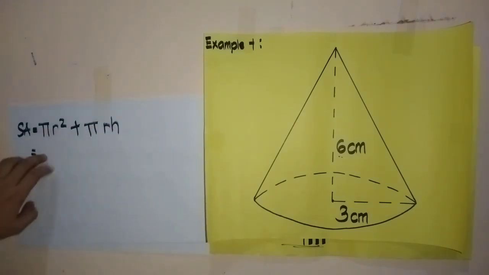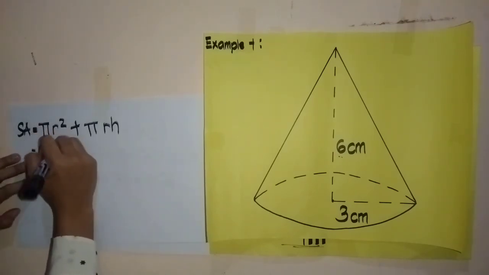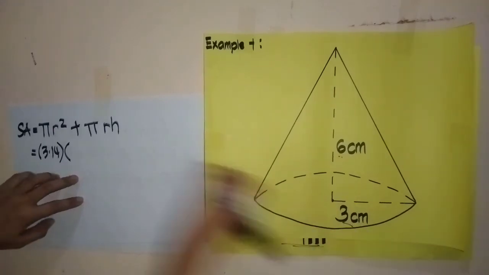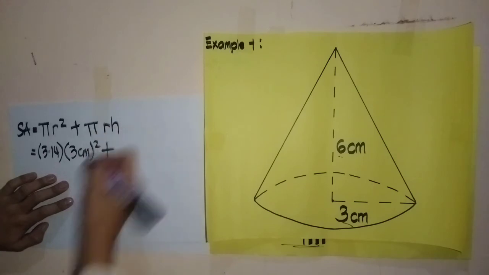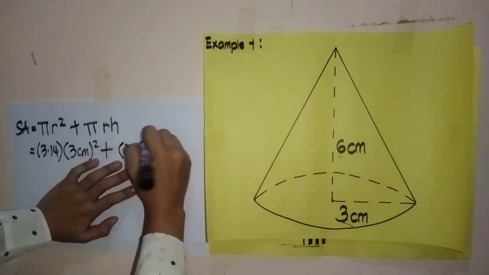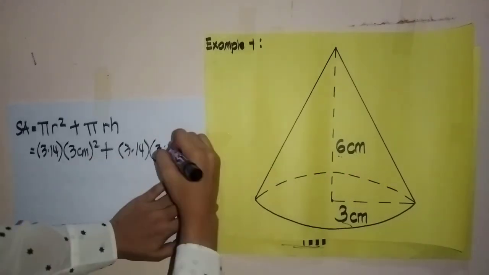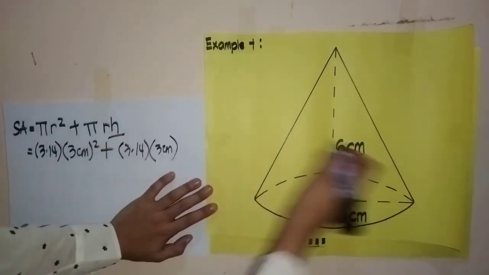So pi is equal to 3.14. So we have the radius 3 centimeters, plus pi 3.14 times radius 3 times height, which is 6 centimeters.